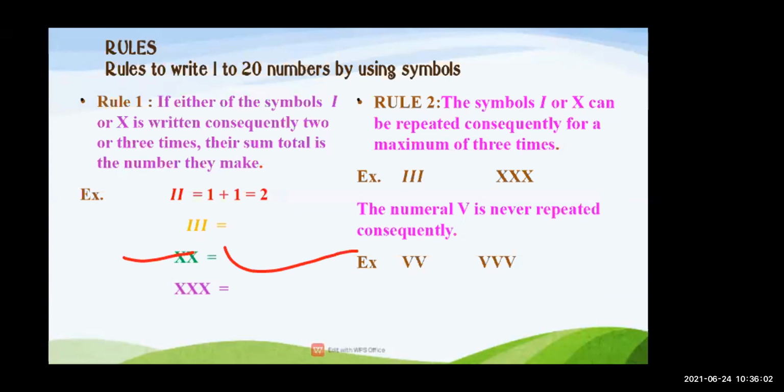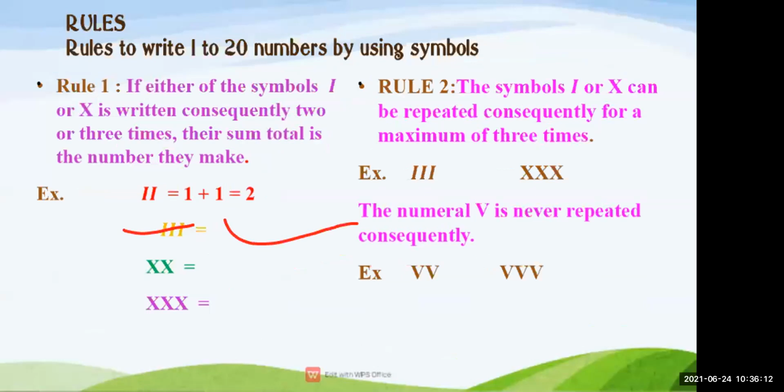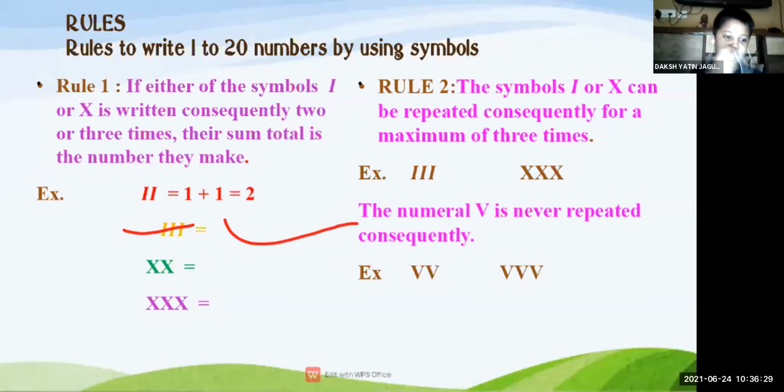Now next, who is going to tell me? Now I will unmute one student. He is going to tell me what is the third example and what he knows about the third one. One minute. Now I'll unmute Daksh. Daksh, I have unmuted you. Yes, teacher.